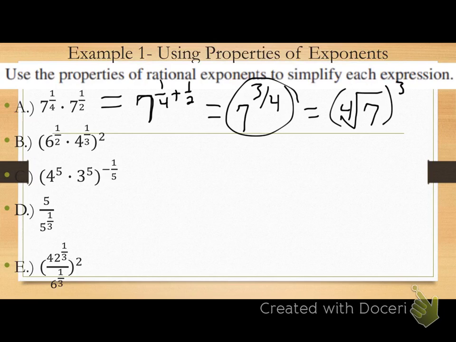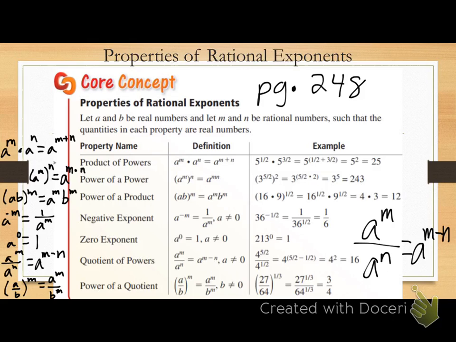Letter B. I have 6 to the 1/2 times 4 to the 1/3, all of that raised to the second power. What do I need to do here? This is that power of a product property.